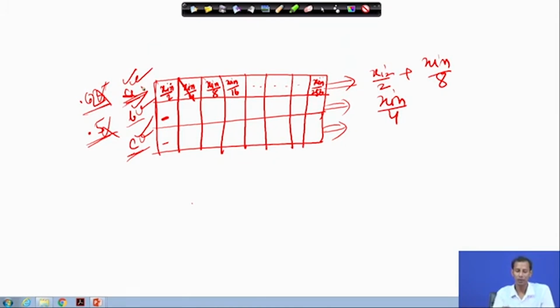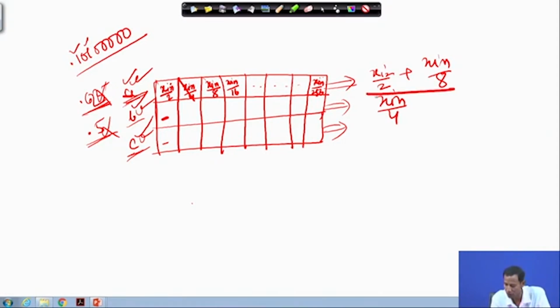You consider the worst case. Worst case means, as for this 0.625, the bits are only 1, 0, 1, and the rest are all 0. As only these two bit positions are 1, there are only these two addition operations.